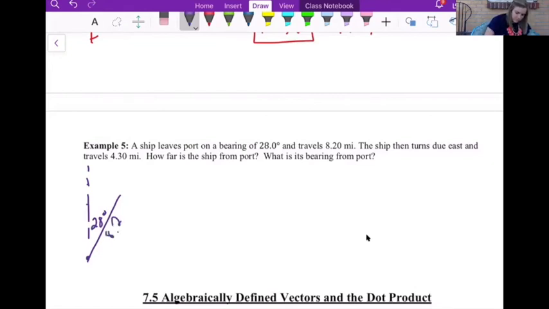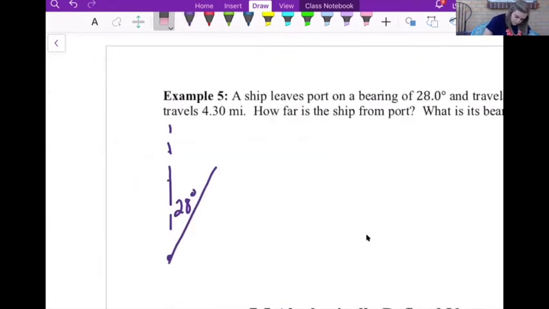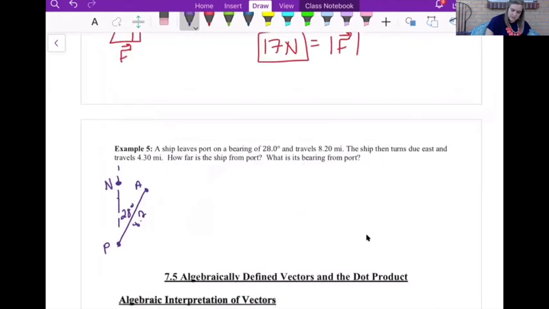Let me write that a little bit better. Okay. And just for naming's sake, I'm going to call this N. This is port P. We're going to call this A. Then the ship turns due east.